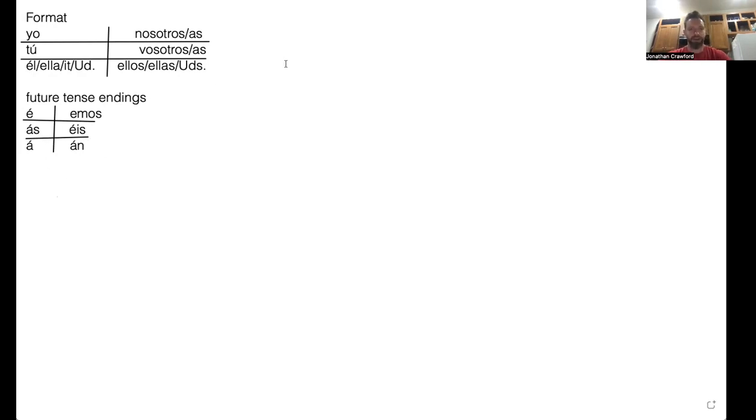And so the way it works, you have to put the whole entire infinitive form, right? So put the whole infinitive form of the verb to form the future tense.